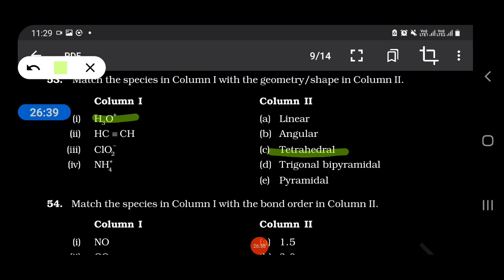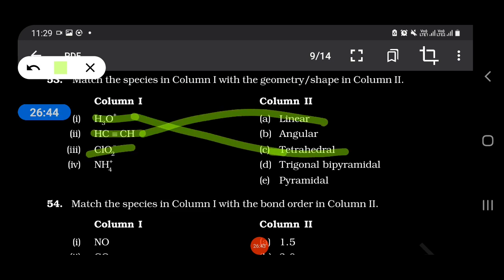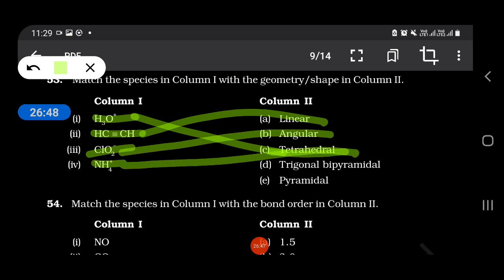H3O plus is tetrahedral, this one is linear, ClO2 is angular, and NH4 plus is tetrahedral.